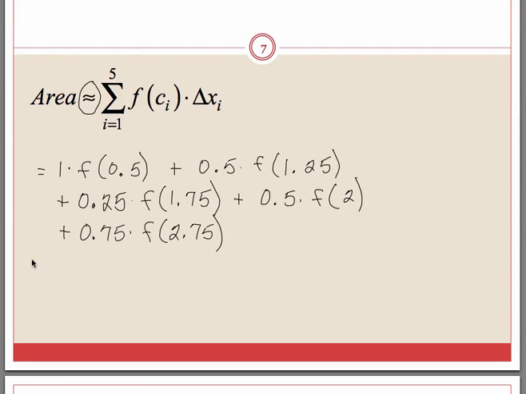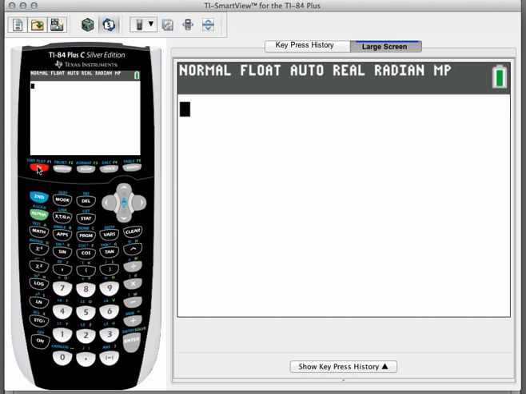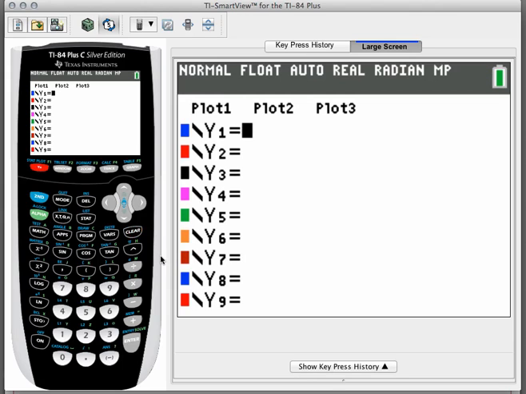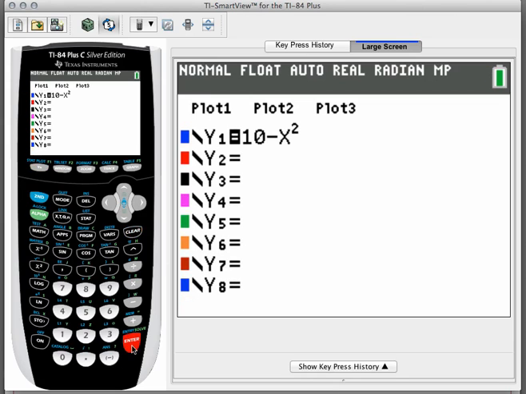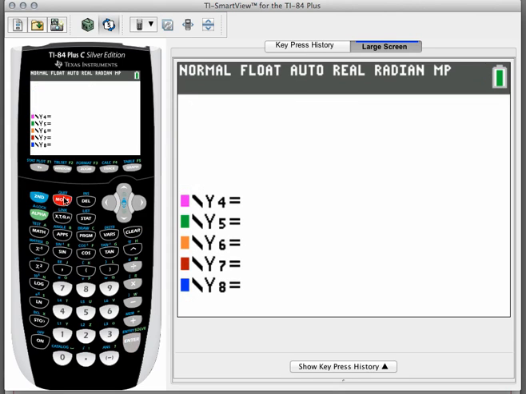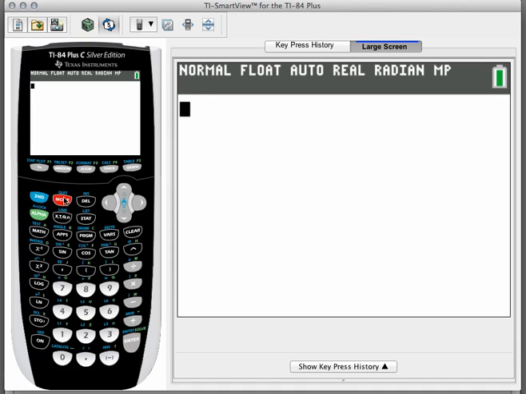This is what we can let the calculator do all the work for us. So let's go ahead and turn to the calculator and review how we can let that do the work for us. What you want to do is under y equals have the equation. Remember the equation was 10 minus x squared. And then we're going to go back to our quit screen. And we're basically just going to type all that out.